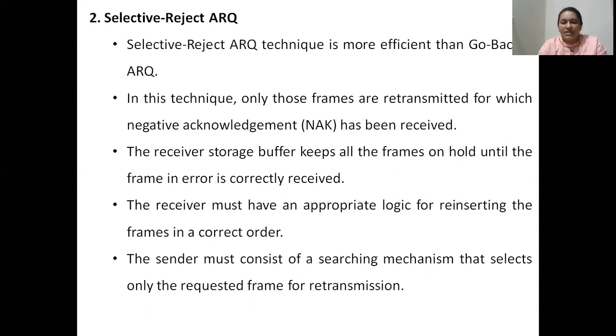So in selective reject ARQ technique, the sender and receiver nodes will be intelligent enough to maintain the sequence numbers, understand or interpret the sequence numbers, and only ask for a repeat transmission of those frames which were lost or damaged during the transmission, instead of asking all the frames to be retransmitted after the lost data frame. Hence the name selective reject ARQ technique. So this is a more efficient technique compared to go back N ARQ.